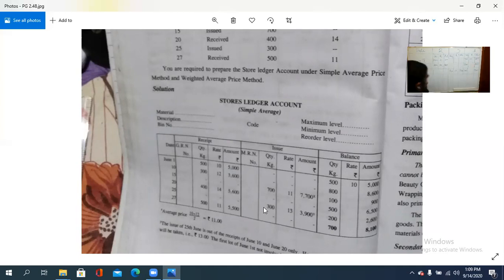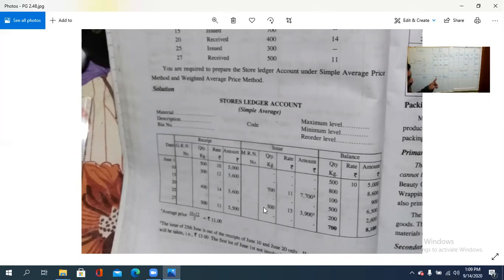So this price will not be there for the next issue. Then on the 20th, received 400 at 14, so it is 5,600. So now 400 plus 100 is 500 units, and 5,600 plus 900 is 6,500.